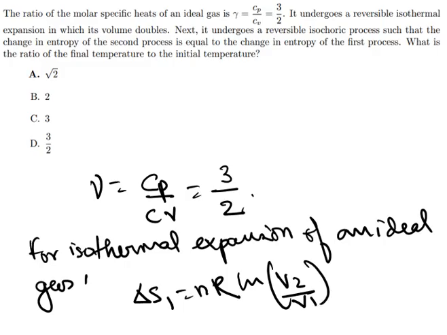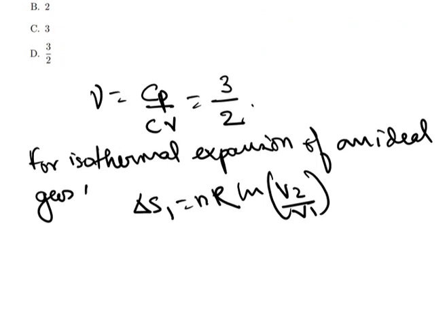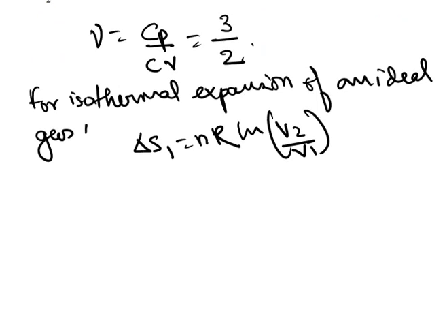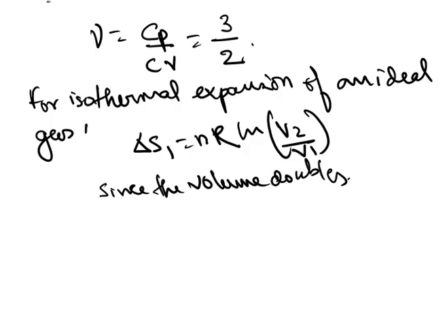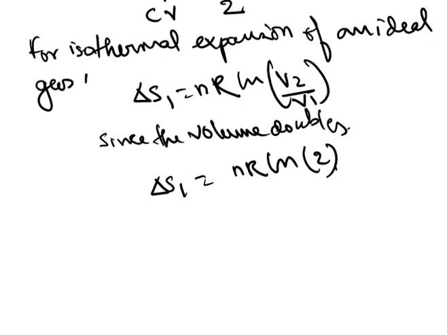Since the volume doubles, we can write del S1 equal to nR into ln 2. So in the isochoric process, the volume remains constant.